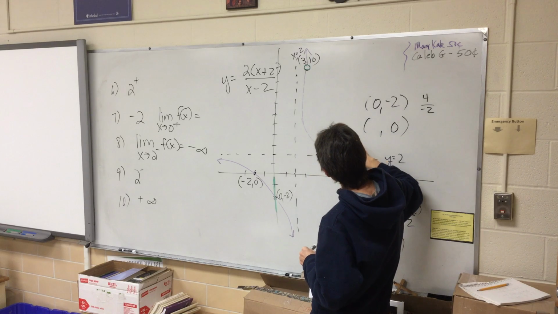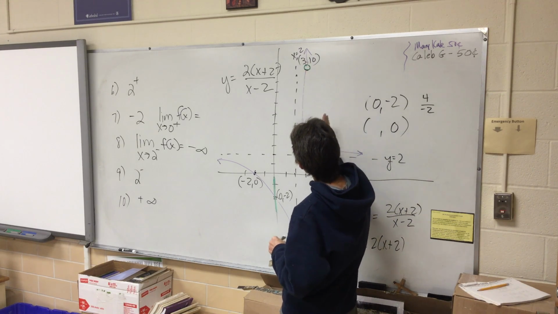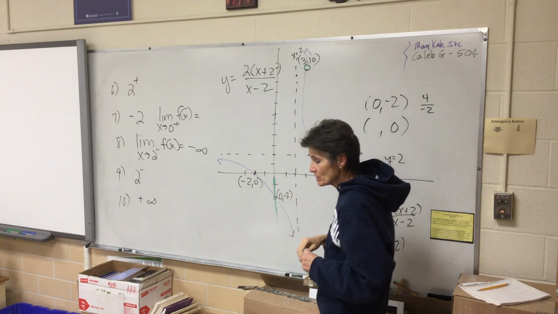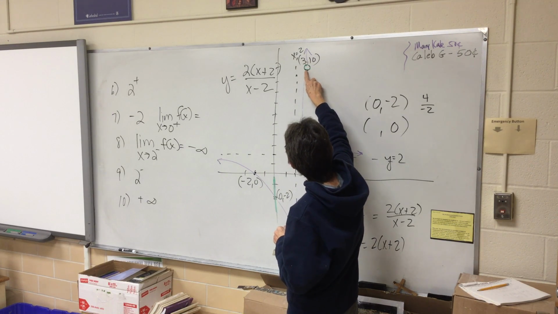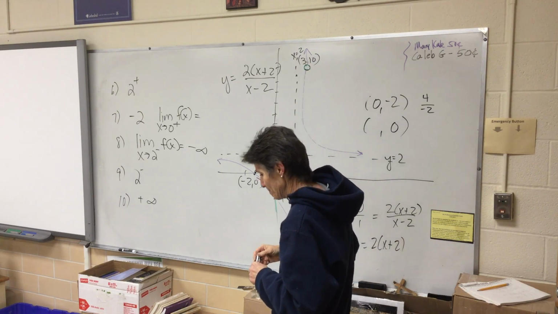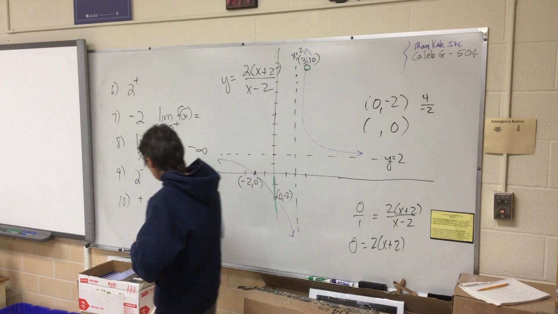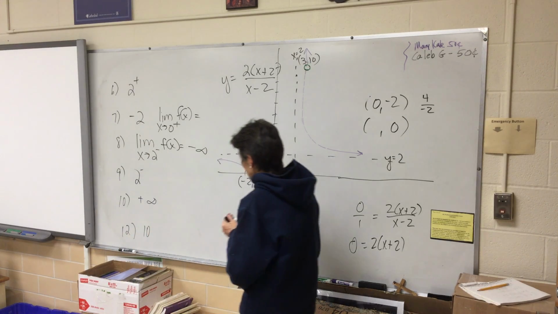As x is getting closer and closer to 3, from the right side, from the positive side, what is happening to my y values? Every step I take, my y values get closer to what? 10. Yep. So the answer to 12 is 10.